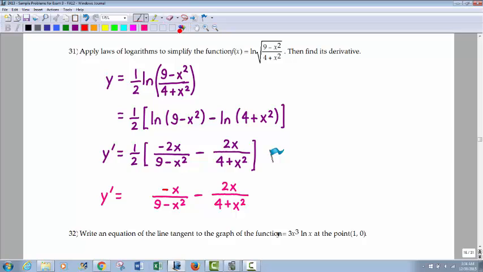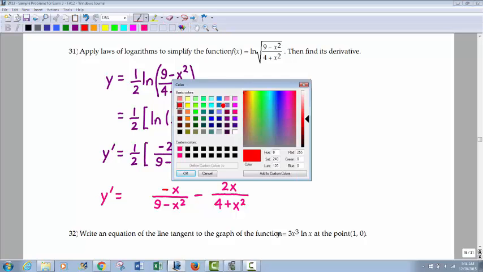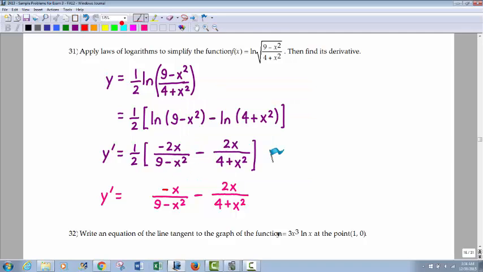That wasn't right. Alright, it looked pink when I picked it. I mean, okay, that might be it. That pink didn't look right to me, but maybe it is right.